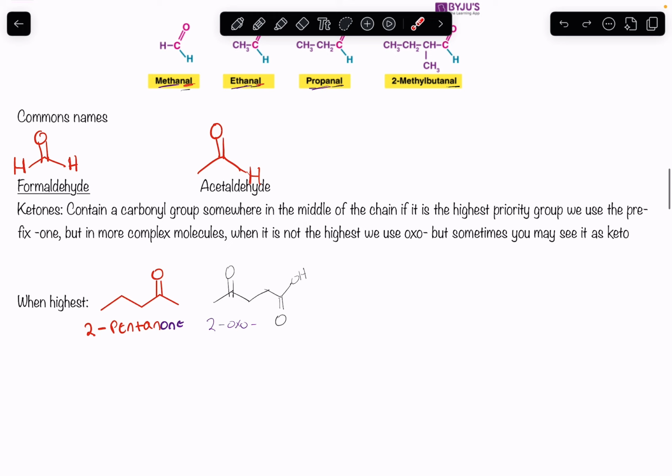So now when we're looking at ketones, again, like we talked about earlier, carbonyl group somewhere in the chain. There's a time where it's the highest priority and a time where it's not the highest. When it's the highest priority, we're going to use the suffix one, okay, pentanone. But if it's not the highest, we actually use oxo.